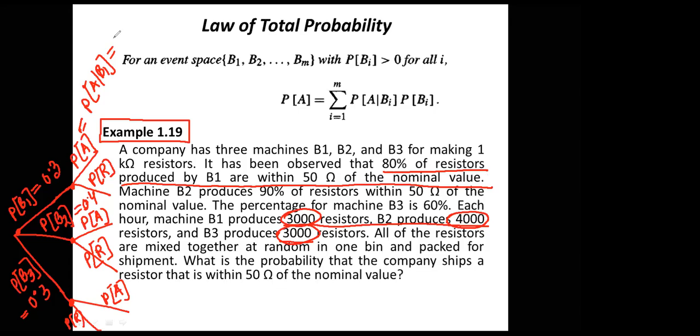So this is 0.8. Definitely this rejection is 0.2, and P(A|B2) is 0.9, and that one is equal to 0.6. Is it clear to all?